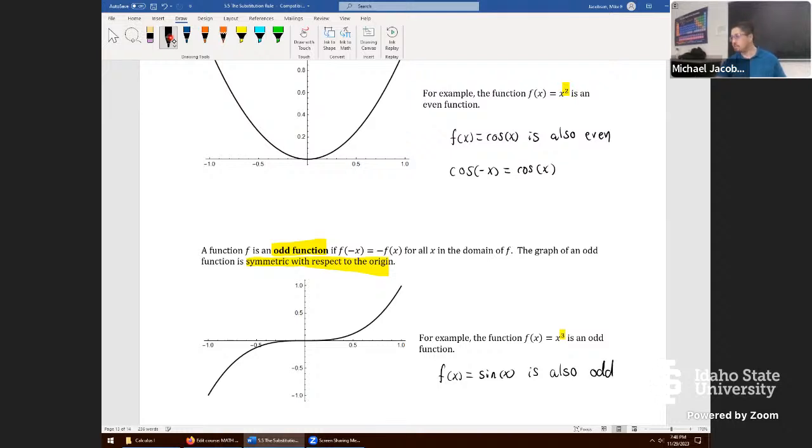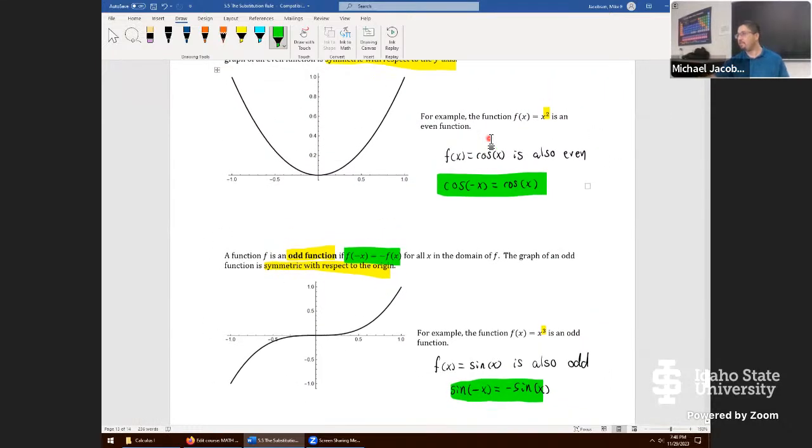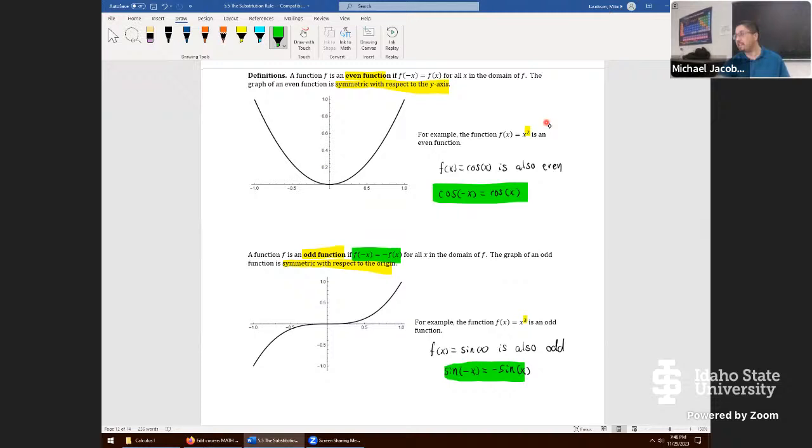And that means, as a consequence, sine of negative x equals negative sine x. So this formula here came from that information. And likewise this formula came from the fact that we had an even function, so it came from that equation above.